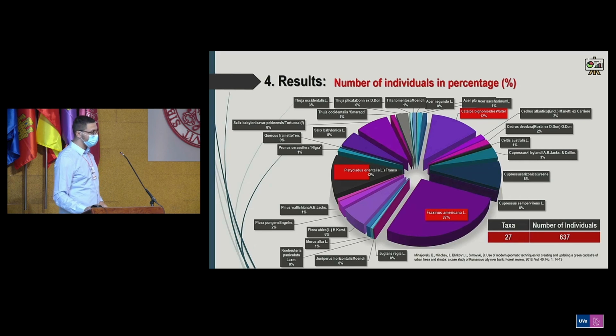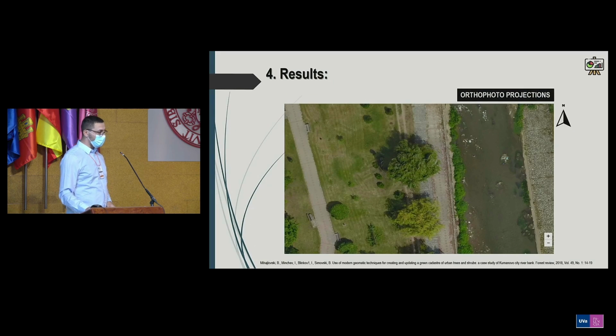My favorite part of the work was obtaining the different projections of the park. First was the orthophoto projection. I was working in ERDAS software to obtain the orthophoto. Very important is that the pixel is only 3 centimeters.